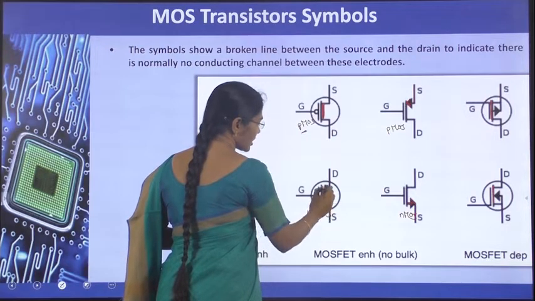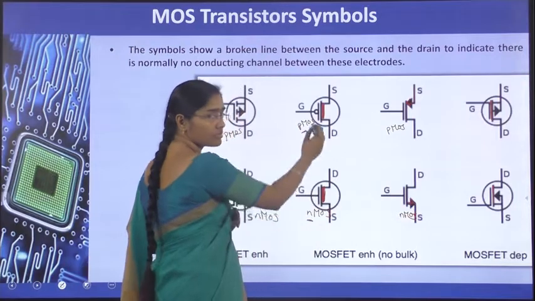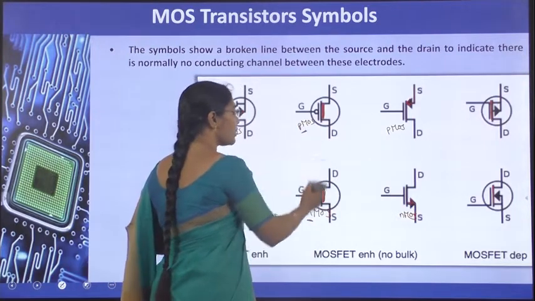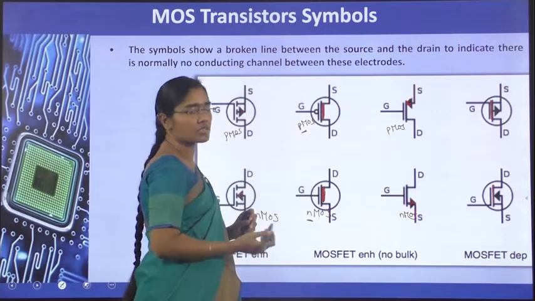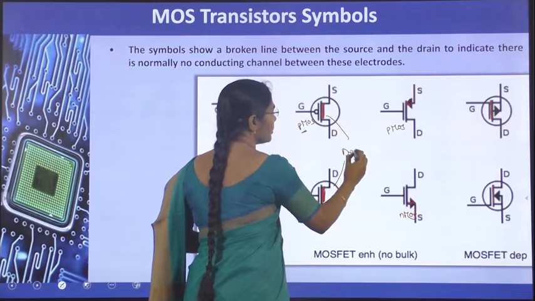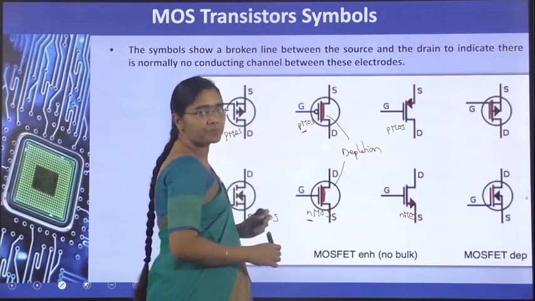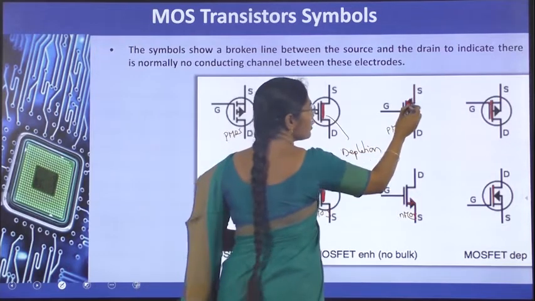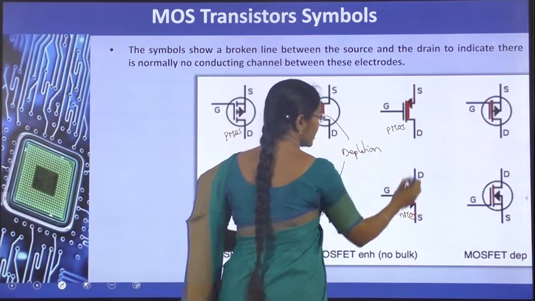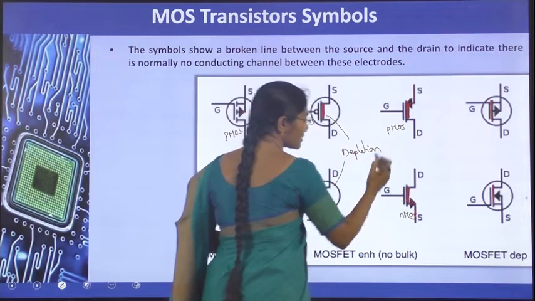So this is the representation of the depletion transistor for both NMOS and PMOS with 3 terminals, with bubble and without bubble representation. Similarly, this line is representing the depletion mode transistors. And in the third set also, the same arrow mark, but the channel is represented by one thick line for the depletion mode.